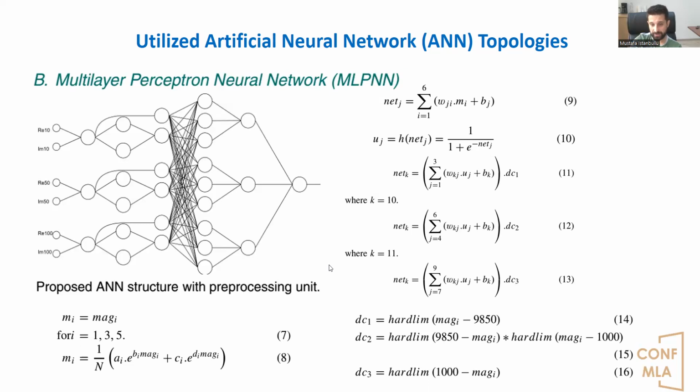Each group accepts 3 successive outputs of previous layer neurons for the net calculations as given in equations 11, 12, and 13, where K equals 12, Bk is the bias value, and DC1, DC2, and DC3 are distance coefficients calculated as given in equations 14, 15, and 16 respectively.